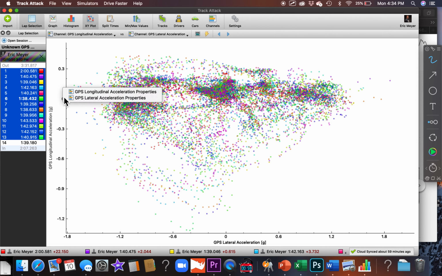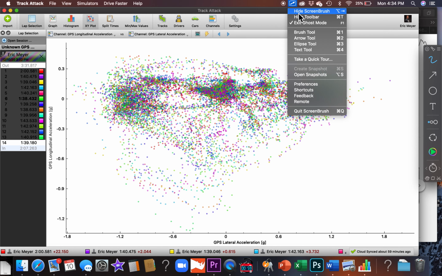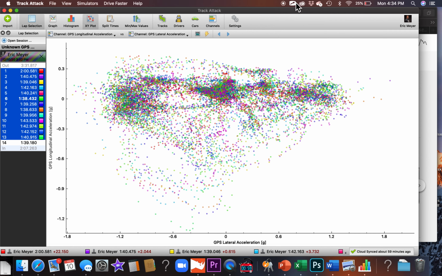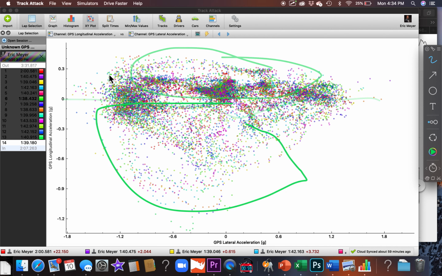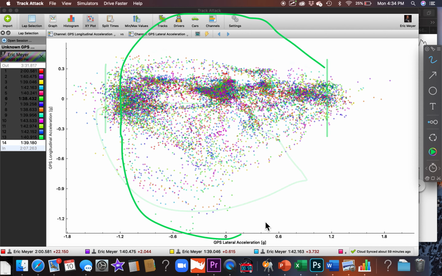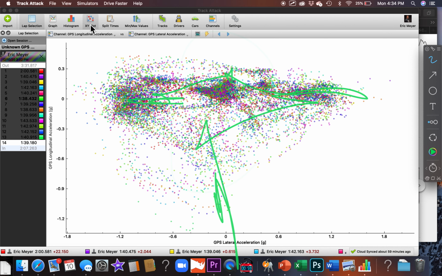That's why this is not a full circle, because it doesn't need to be, because the car doesn't accelerate hard. There's our 0 line. This is accelerating. This is the brake. This is how far it turns to the outside. So it really only needs to be about this big, with a lot of the time this circle bouncing around in the middle. Braking down here. So that's what that is.